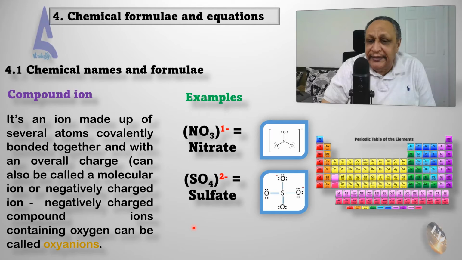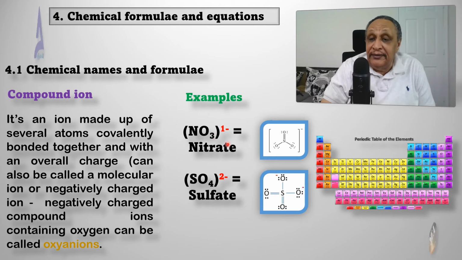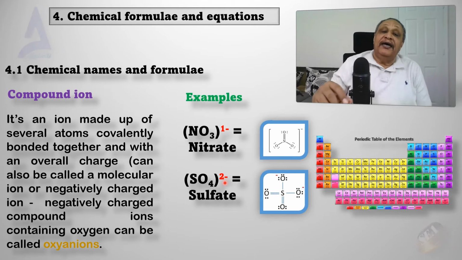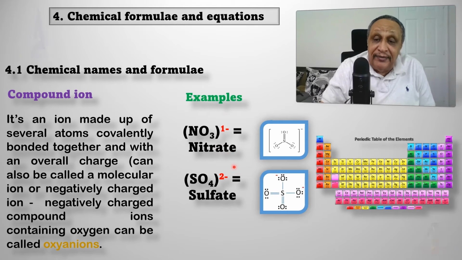So what does it mean? It means that the whole group has a negative charge equal to -1. And this means the sulfate, the whole group, has this charge, -2. We are going to understand where this charge comes from in the next slides.